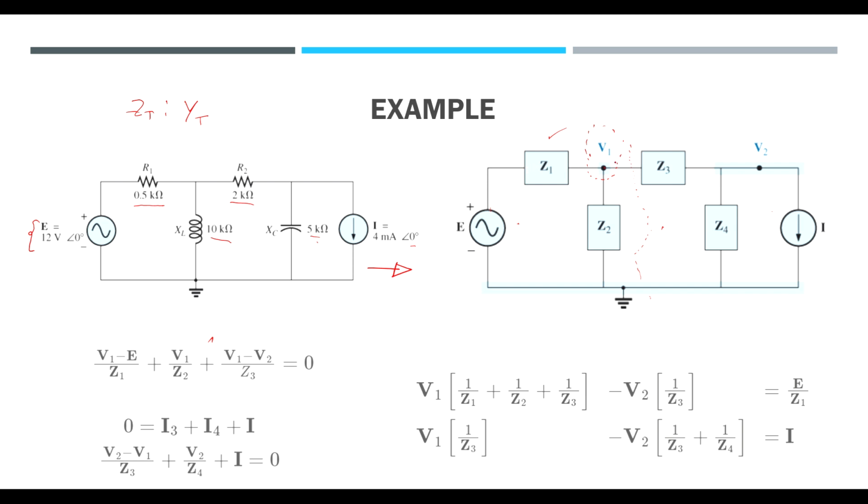This is Ohm's law: the top potential minus this initial voltage divided by the load is going to be current number 1 through this circuit. So this is to find the current at the first leg. Then we know that the voltage is connected to ground through this load. So basically V1 minus 0 divided by Z2. We don't have to write down the 0, just V1 divided by Z2.